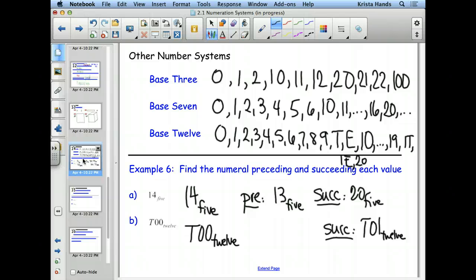So what's probably going to be easiest for you is to pause for a moment and think, what if this number said, I don't know, say 900 in our base system? What would be the number before 900? 899. So what would happen to those zeros at the end? They change to 9s, because 9 is the largest digit we have, right? That's what happens.